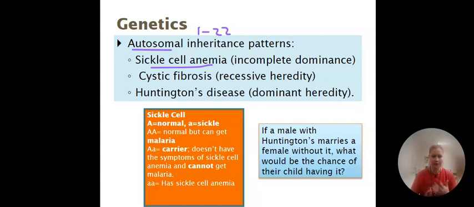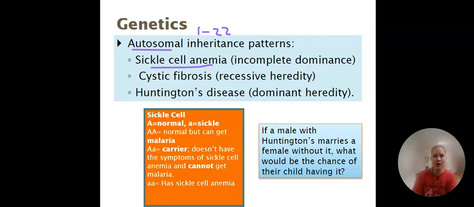I don't know that specifically. I'm just throwing out an autosomal chromosome. Okay, again, it's not sex linked. So sickle cell anemia, cystic fibrosis, Huntington's disease. These are just a couple of examples of autosomal inheritance patterns. They might give you a Punnett square, and you would need to determine, what is the likelihood that a child would have cystic fibrosis if, and then they tell you the parents.